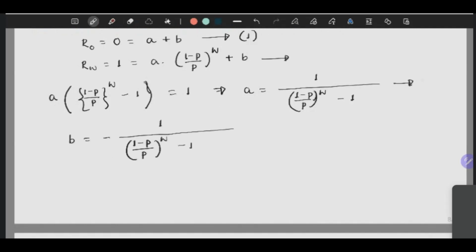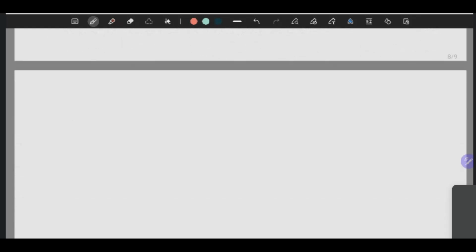So you get two coefficients from these expressions.